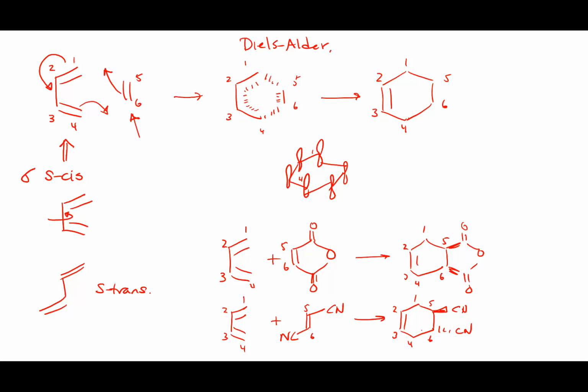So the first two rules are S-cis, not S-trans, and the stereochemistry of the double bond must be preserved. Okay? So for Friday, I'll send out the list of topics, but the list of topics will most likely be writing a 1,2 or 1,4 product, maybe telling me whether it's thermodynamic or kinetic, and then writing a Diels-Alder product.